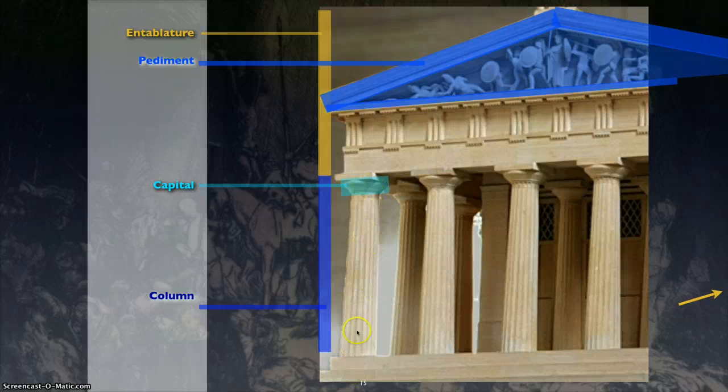The column, the capital, which is the head of the column, and then from that point above, that is called the entablature. From the very top down to the top of the columns, that's entablature. And then this very wide triangle shape is called the pediment.